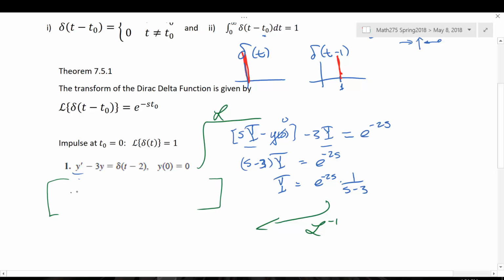It's the Laplace of something, t to the something. Is it t or is it? You guys remember?